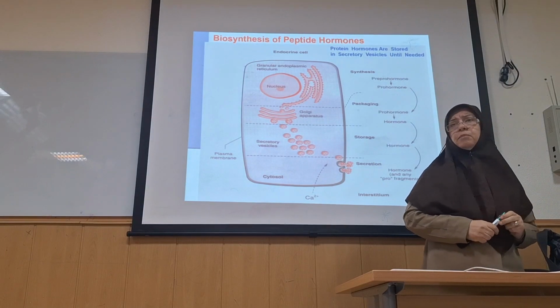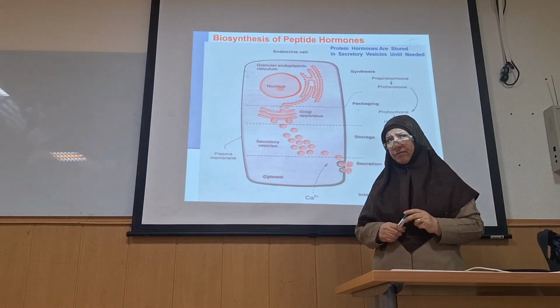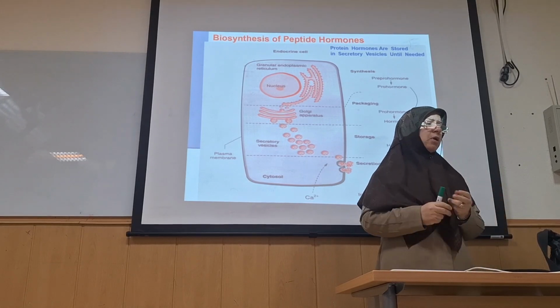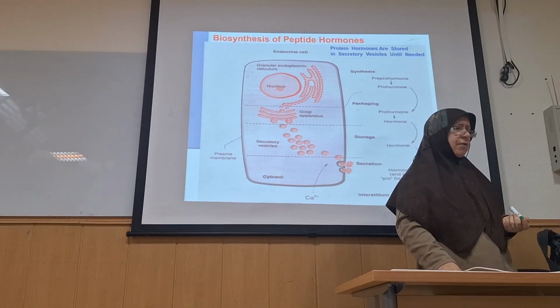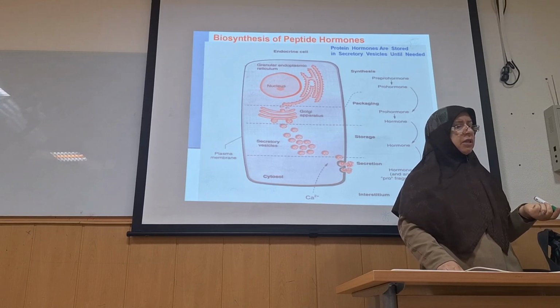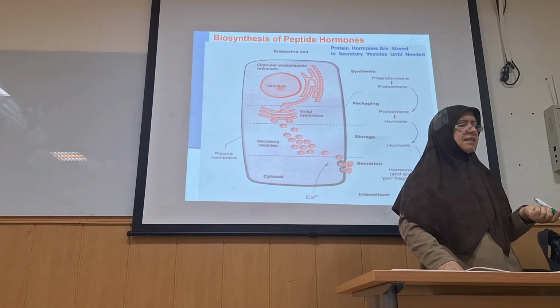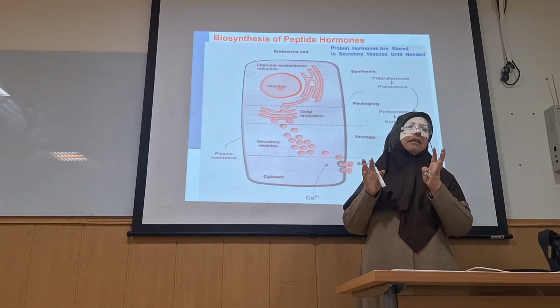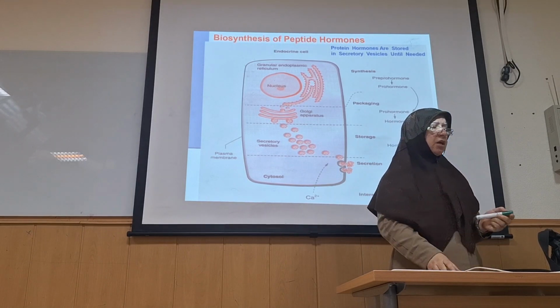First, peptide hormones. Synthesis of peptide hormones. For all peptide hormones, we have these steps: synthesis, packaging, storage, and secretion. For synthesis, first, transcription takes place in the nucleus. Messenger RNA goes to the ribosome.